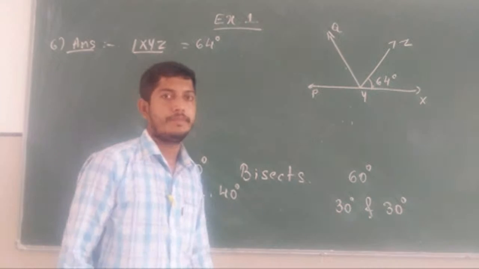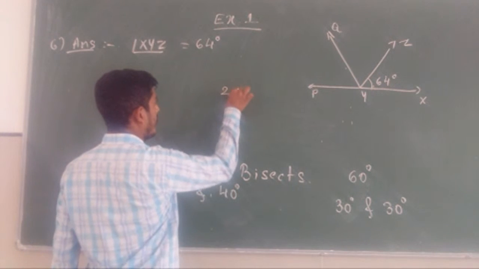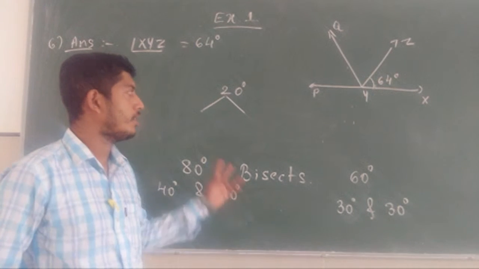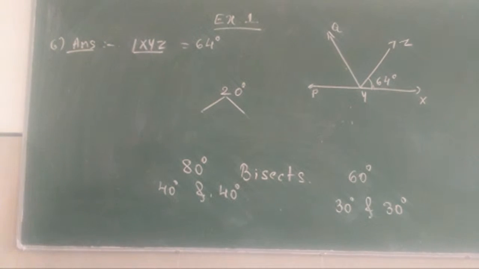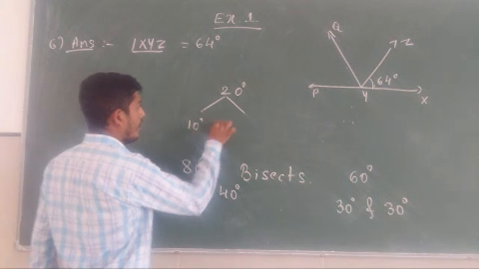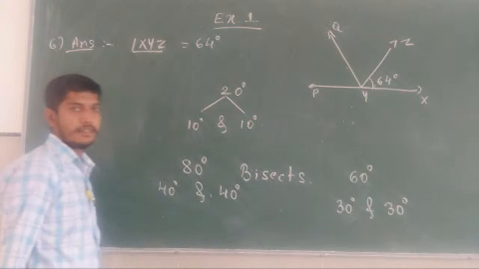Now another one. If one angle is 20 degree and a ray divides that angle into two parts, then what are the two angles produced by it? Just comment me the answer. The first one is 10 degree and another is 10 degree.